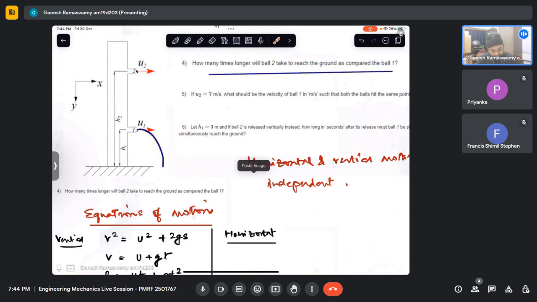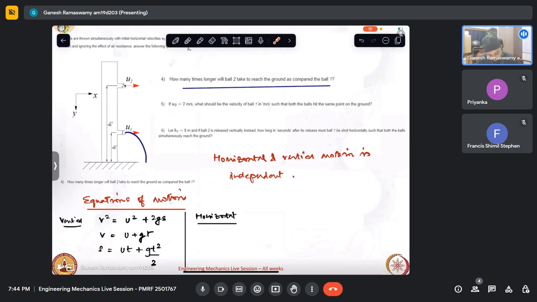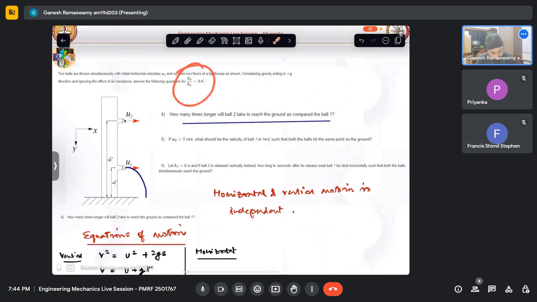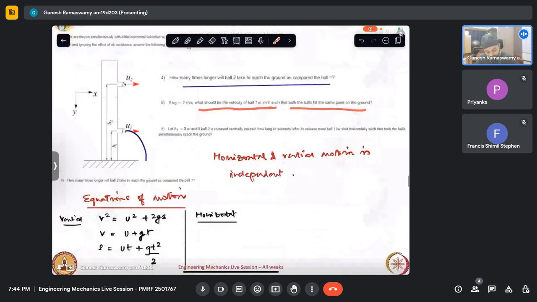Then comes the next question: if u2 is some quantity, based on this constraint, what should be the velocity of ball 1 such that both hit the same point? So what does that mean? How to interpret that?